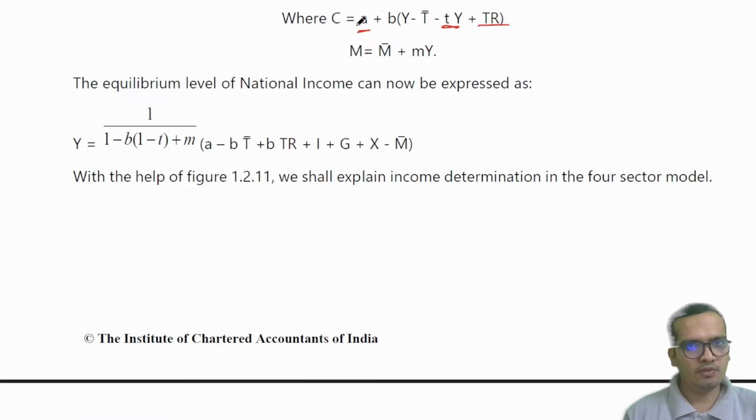Then M equals M bar plus m multiplied by Y. So the equilibrium level of national income can be expressed as above.